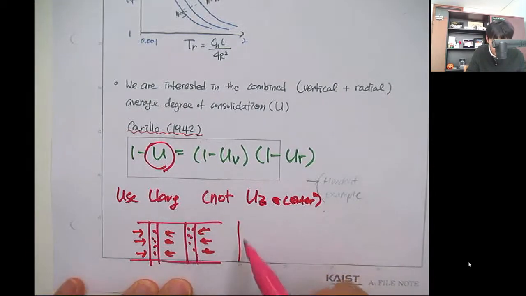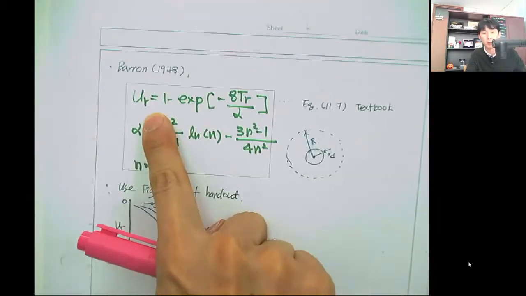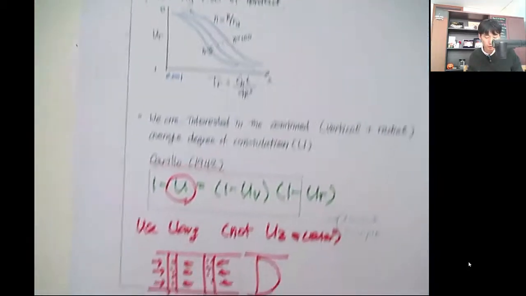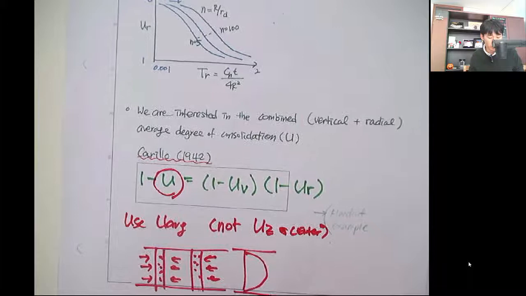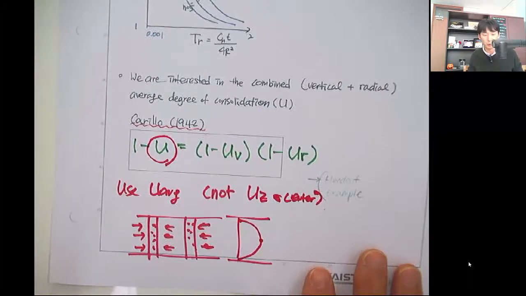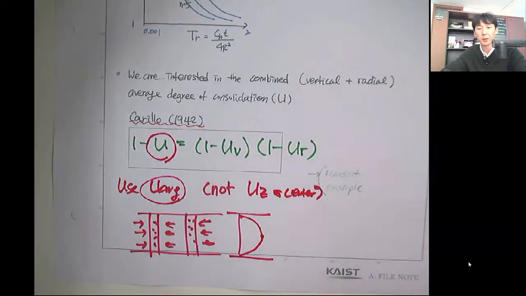So there's no such distribution for the radial direction degree of consolidation. So using this conservative value is no longer necessary. We can just use UAVG as we derived before. Okay.